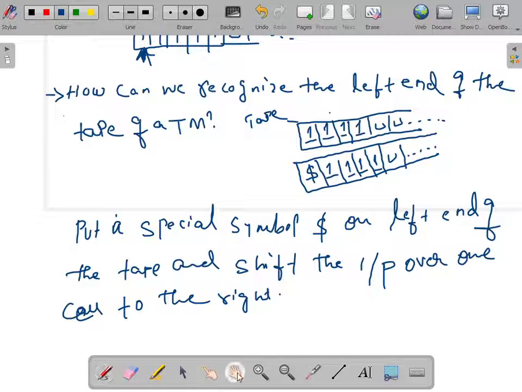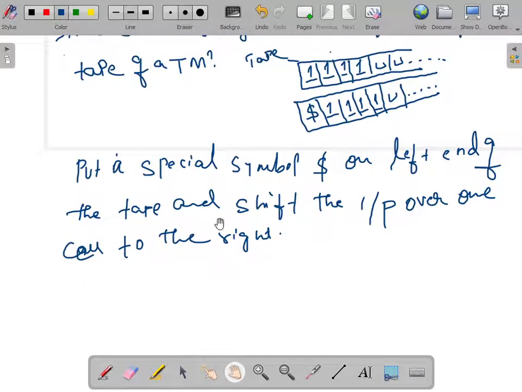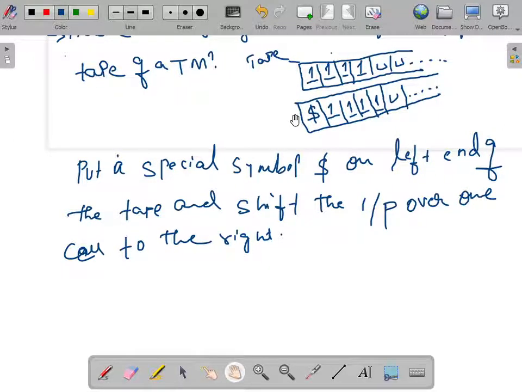This is my previous tape, and the problem was how to identify the left end. If you want to recognize that, you need to add the special symbol, the dollar, on the left end of the tape and shift the input over one cell to the right.